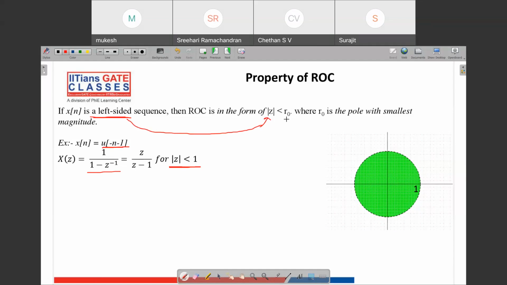In this case, we have only one pole, which is at z equal to 1. So you draw a circle at z equal to 1, and whatever points are inside the circle, those points will be part of the ROC. So for a right-sided signal, the ROC will be in the form of mod of z greater than r naught, but for a left-sided signal, the ROC will be in the form of mod of z less than r naught.